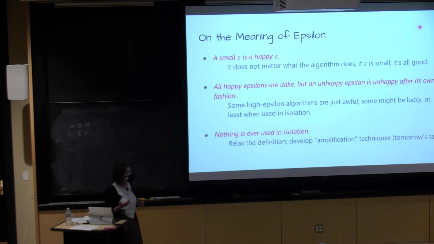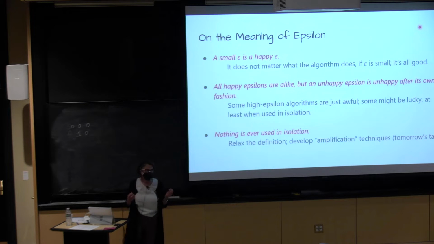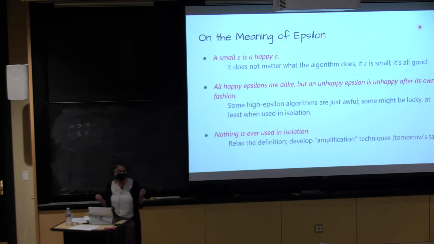So we'll talk about those ideas tomorrow. They also develop so-called amplification techniques, which are just little twists you can do on algorithms to make them all at once more privacy preserving, although it can, depending on what's going on, cause a hit in the accuracy, but not always. So we'll see examples of that.